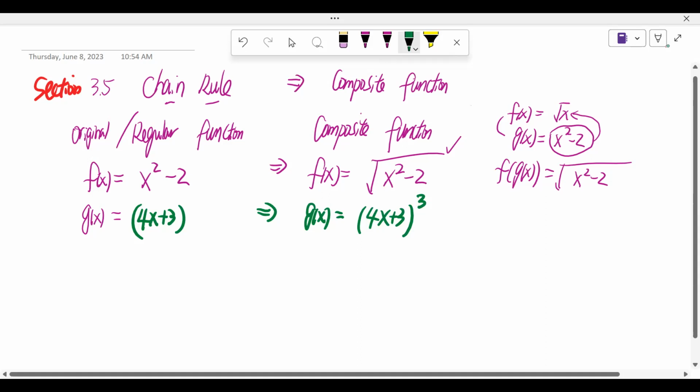So this is the original function, and now we get a composite function. If you want to follow the same logic to find the composition of this function, it will be f of x, and g of x here. You can use any other variable here. Anybody have a suggestion?